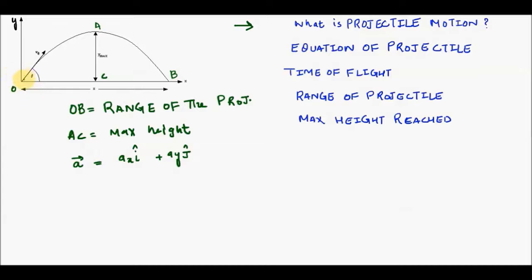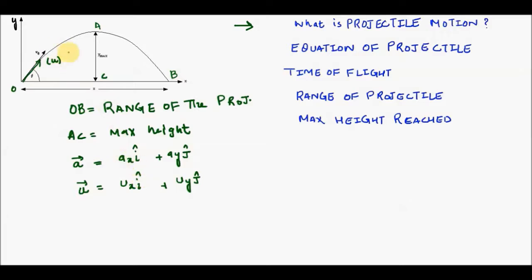Note here that the projectile is thrown with an initial velocity of u. So the initial velocity can be written in its component form as ux i unit vector plus uy j unit vector.